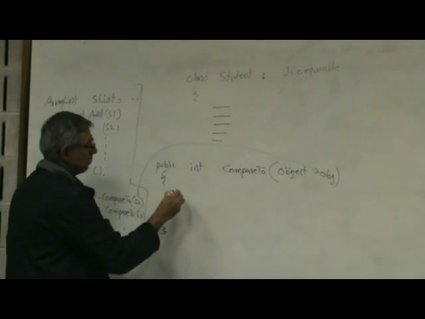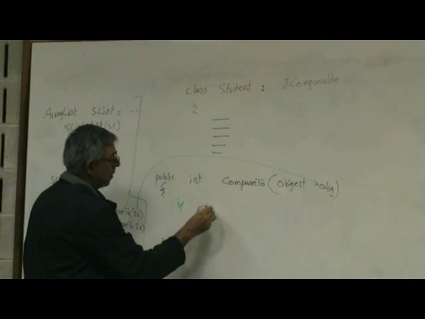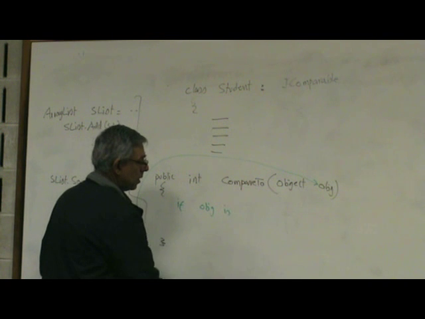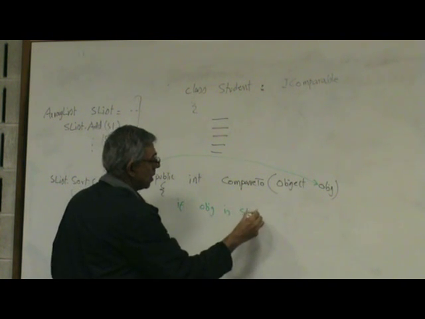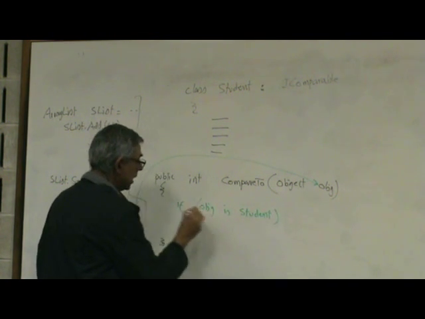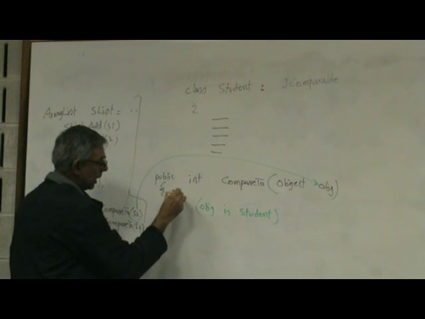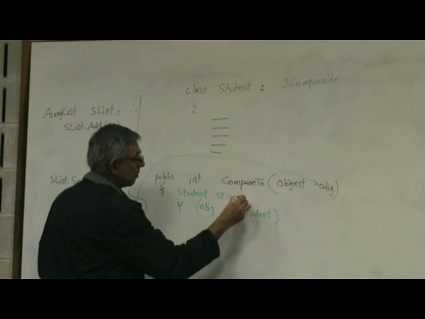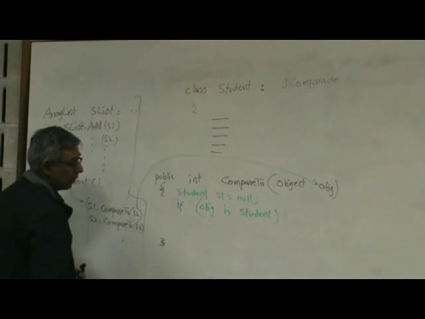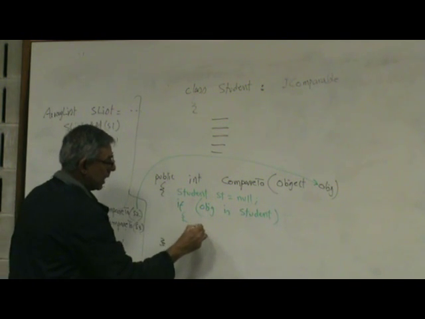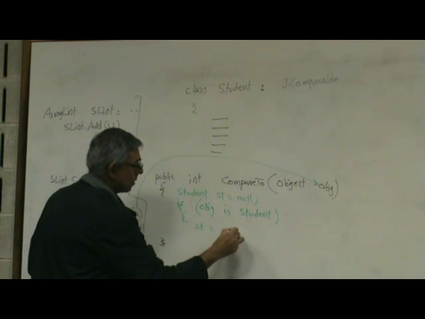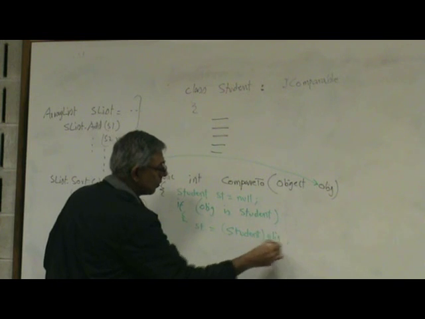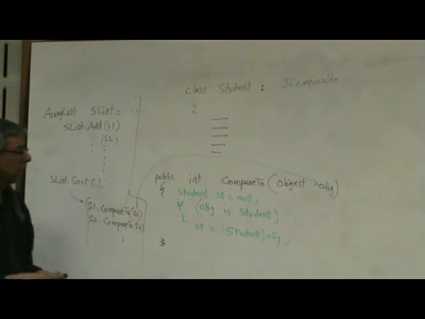So we had written something like, if obj is student, and then something like Student st equal to null, for example, before this. Then we will say st equal to Student obj. So we'll convert the obj to a student, correct?